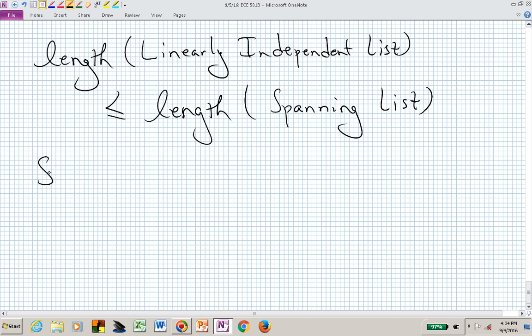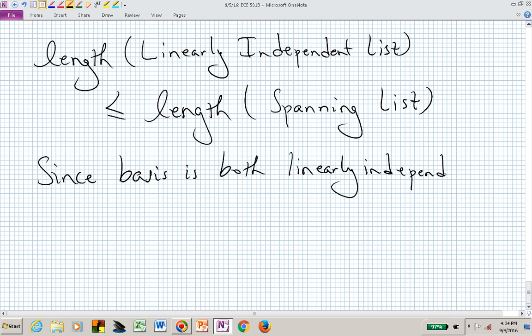And since a basis has to have the two properties, it is both linearly independent as a list and spanning as a list.